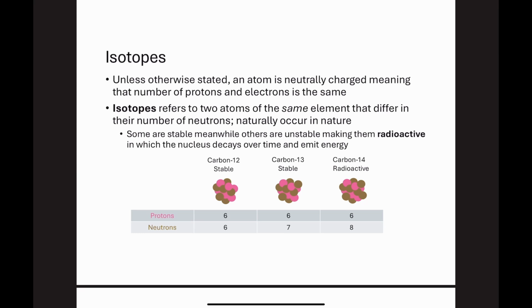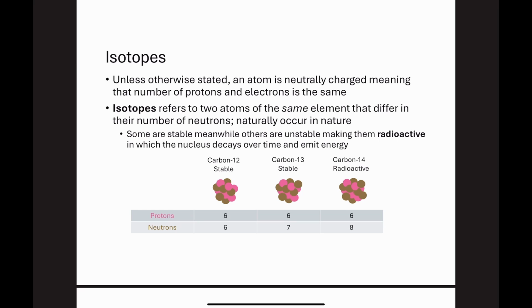Normally we have a 1-to-1 ratio of protons to neutrons, but when we have a different number of neutrons than protons, we get an isotope. And isotopes are naturally occurring in nature.